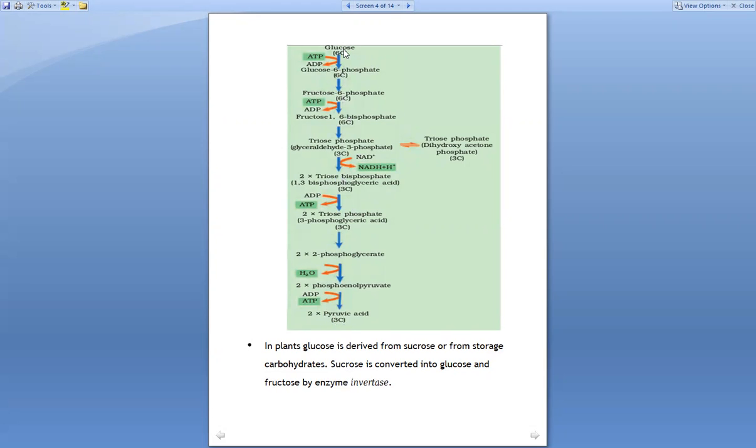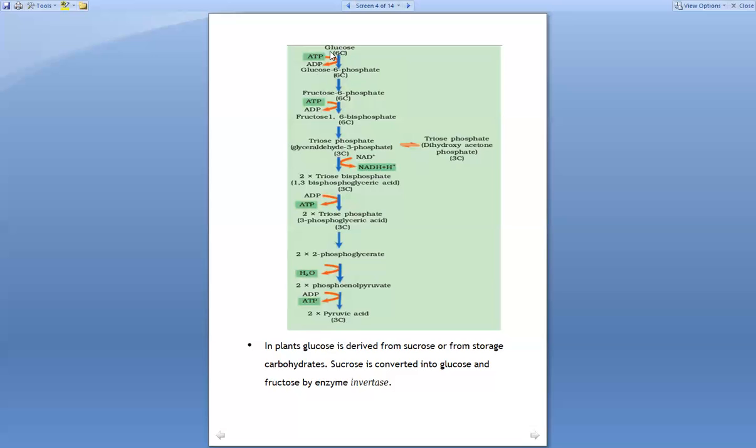The first step is the conversion of glucose, which is a 6-carbon compound, to glucose 6-phosphate. Here ATP energy is used. One phosphate is donated, and as this phosphate enters the glucose molecule, it is added at the 6th position. For this reason, glucose gets converted to glucose 6-phosphate.